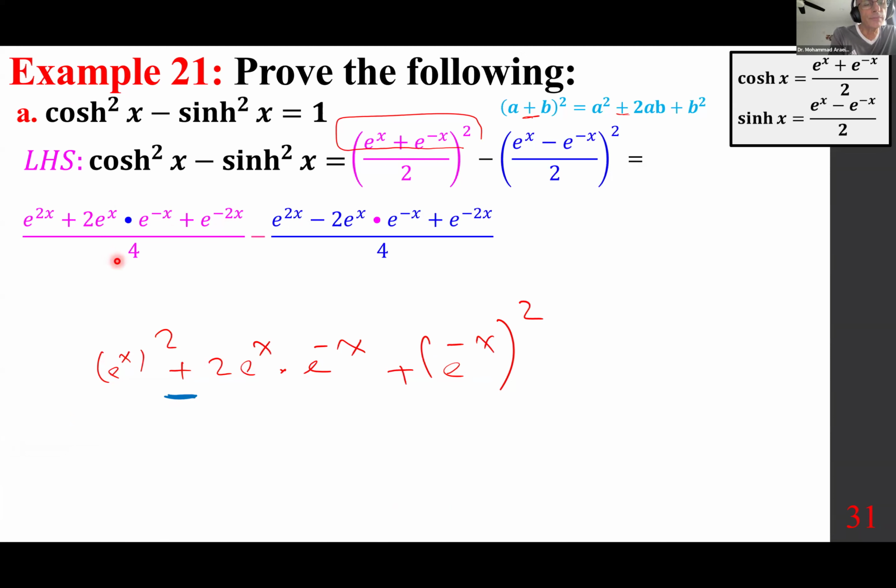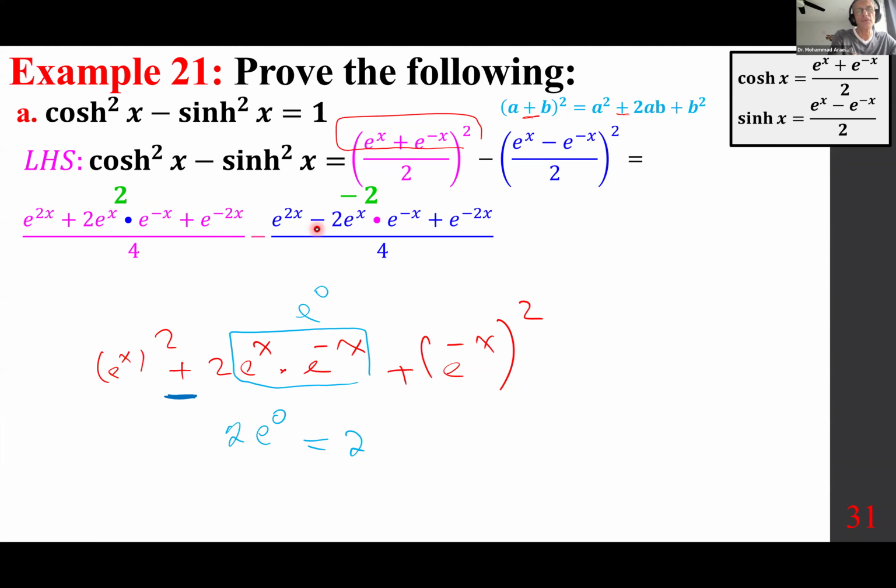Now, I want to discuss this one. e to the power of 0. So 2 e to the power of 0 is 2. I hope you see that. And therefore, we can replace this one with positive 2, this one with positive 2. This negative makes it negative 2.